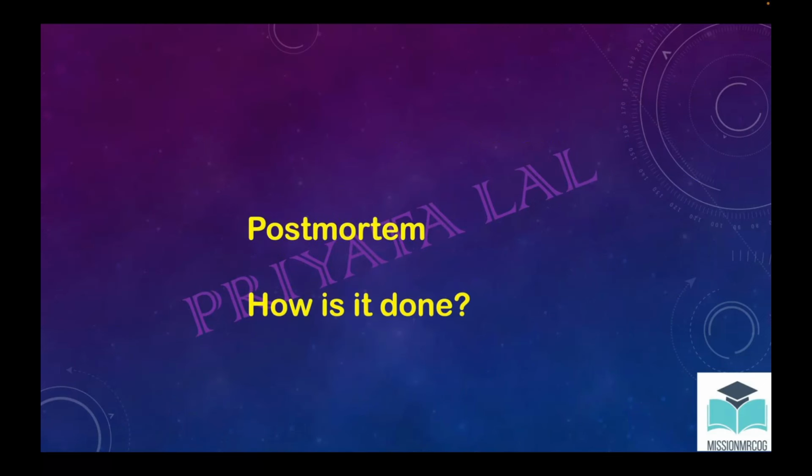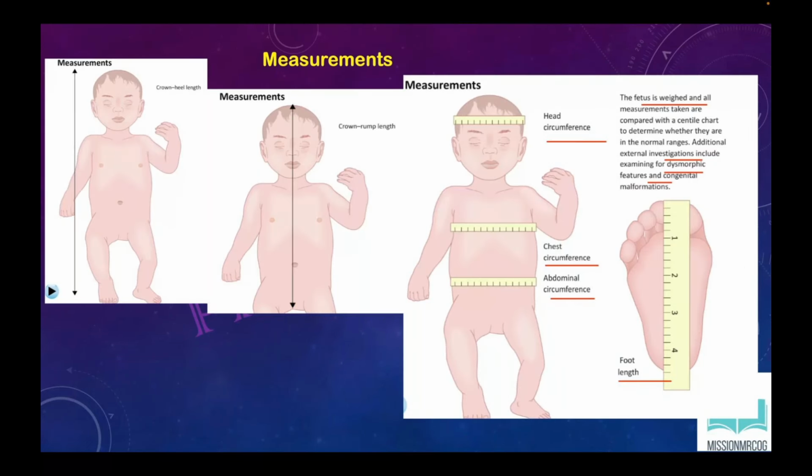Now this is the most important part that you should know, not given in the guideline: the post-mortem, how it is done. So basically some measurements are taken. What kind of measurements?